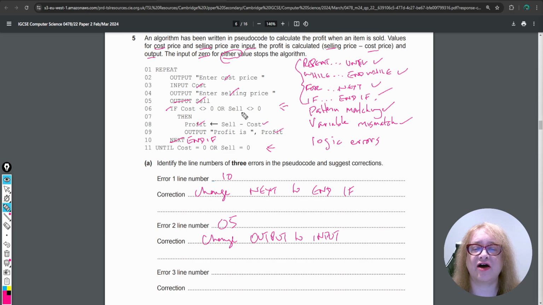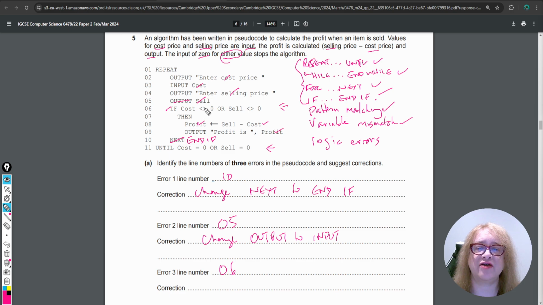Sadly, we don't get half marks here, so we can't just write down line 6, which would be lovely, but that's where we're at. Okay, so what do we want to say here? Well, we want to say we only want to calculate the profit if we have a selling price and a cost price. And so what does this say?